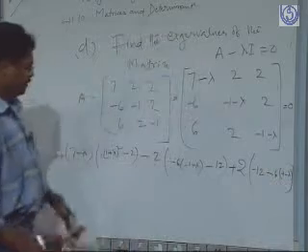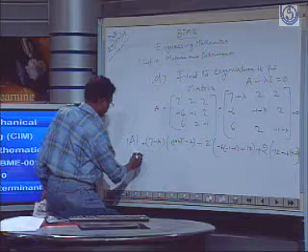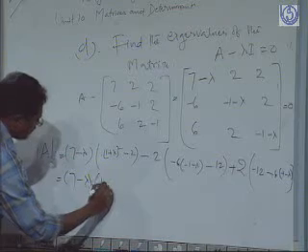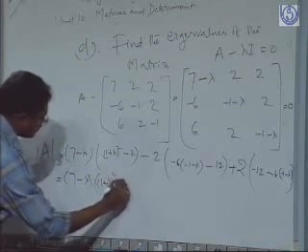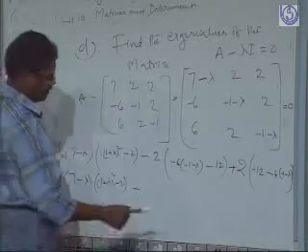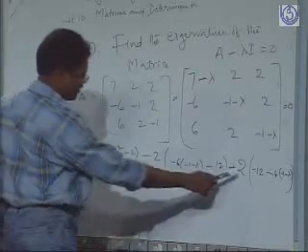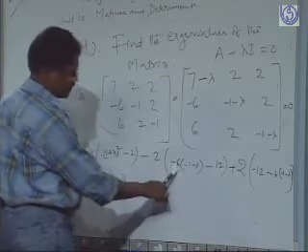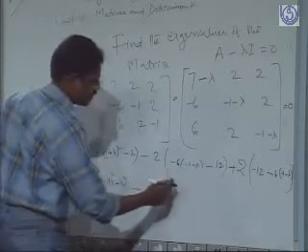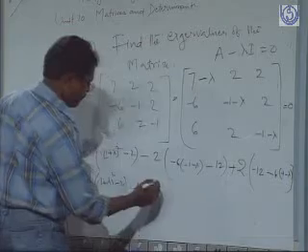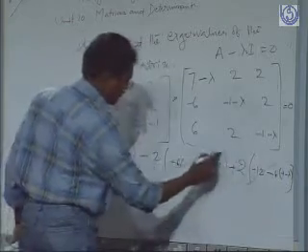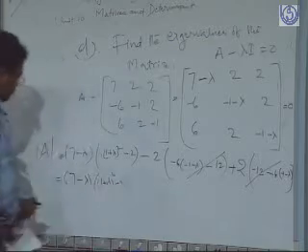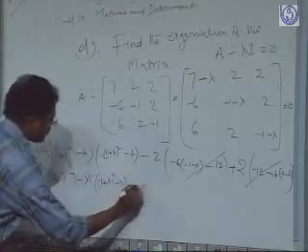So this equation will be 7 minus lambda times, 1 plus lambda whole square minus 4. The other two terms are similar with opposite signs, so they cancel and we get 0. Only the first term remains, equal to 0.